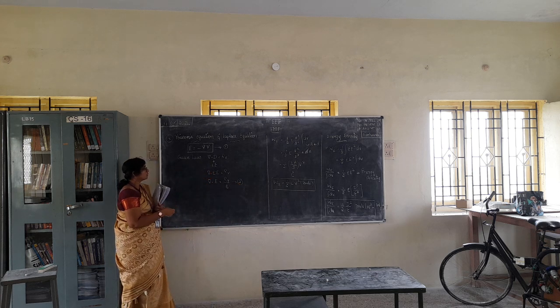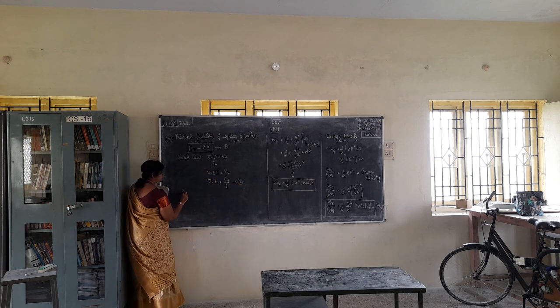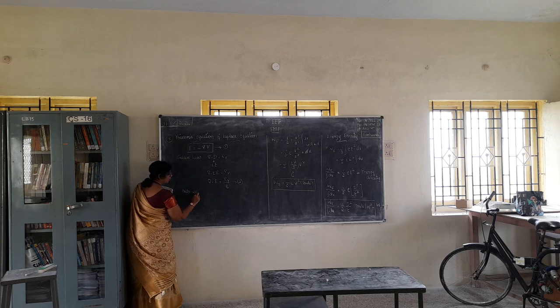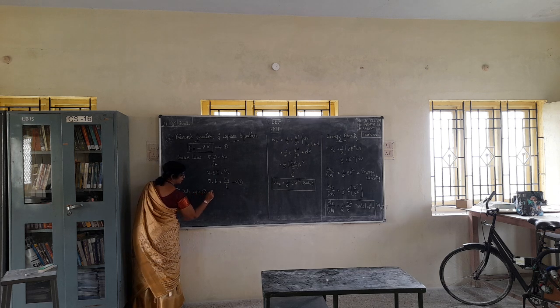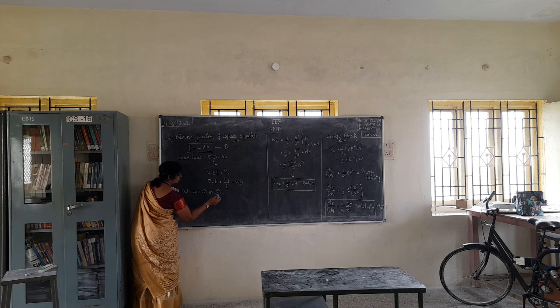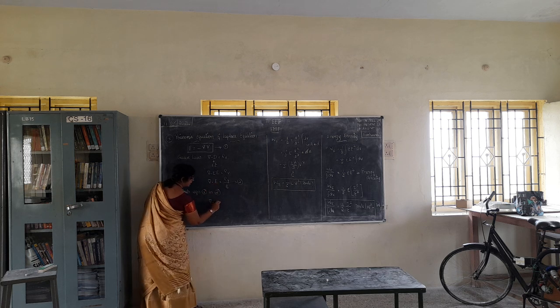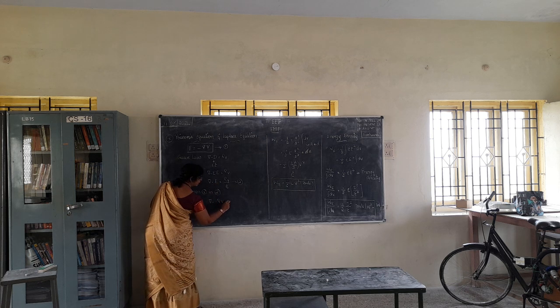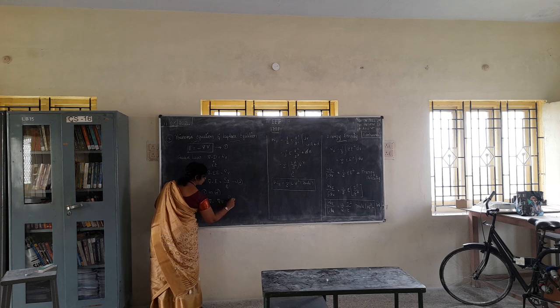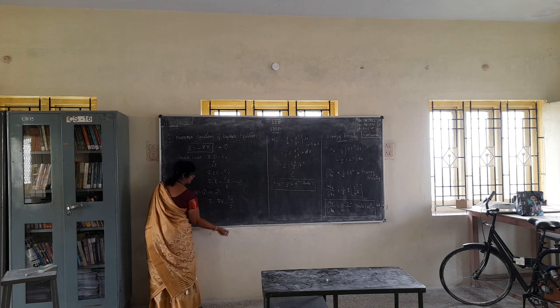Now substitute equation 1 in 2. Substituting equation 1 in 2, del dot E value is minus del V equal to rho V by epsilon.